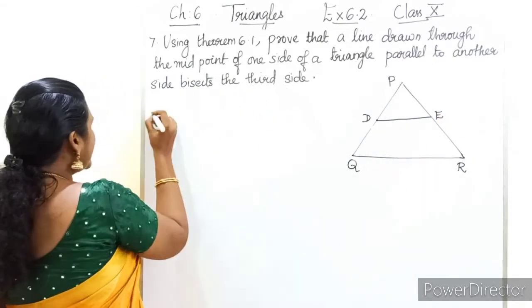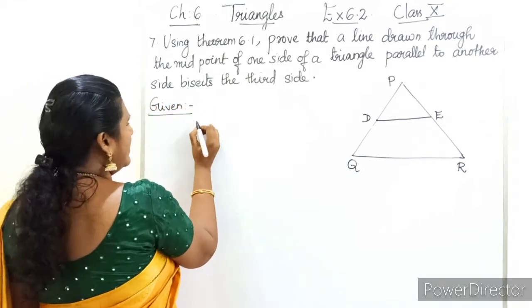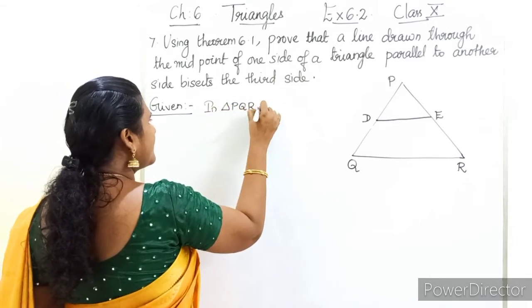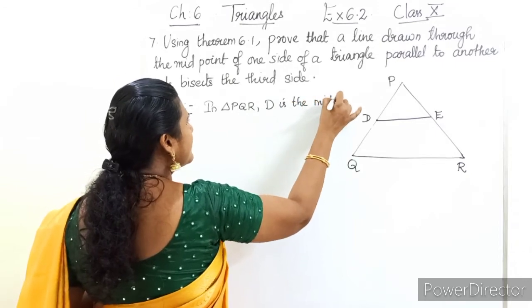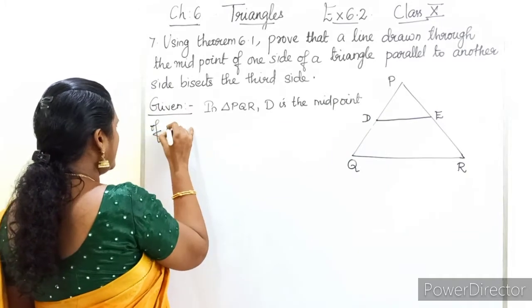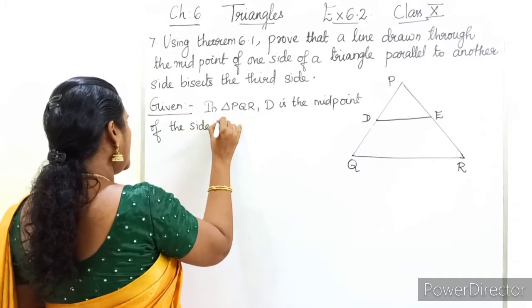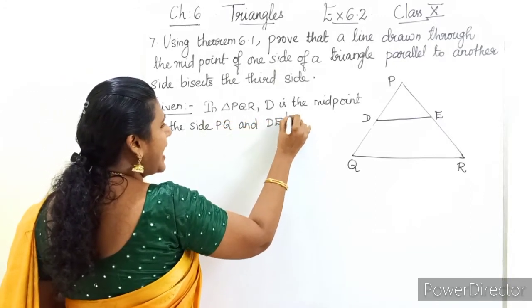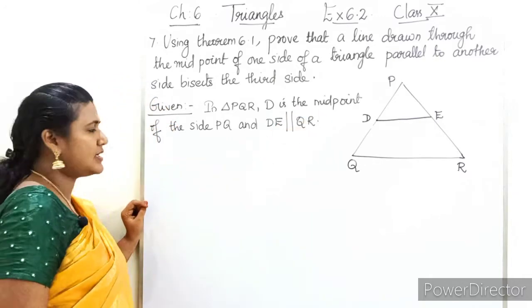So first we will write given: in triangle PQR, D is the midpoint of the side PQ and DE is parallel to QR.